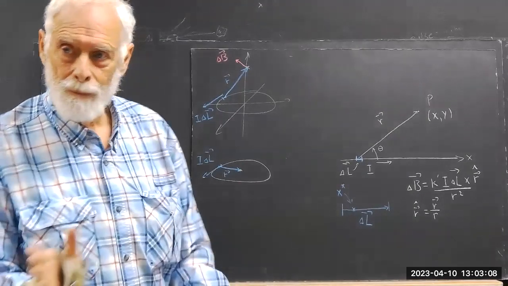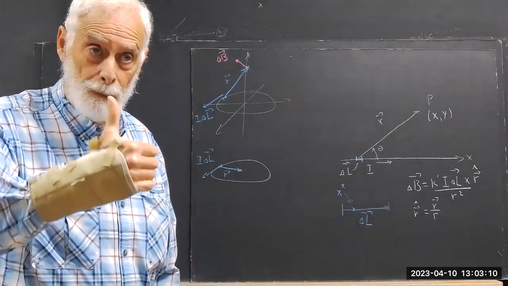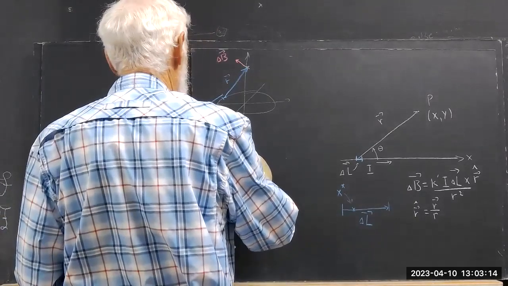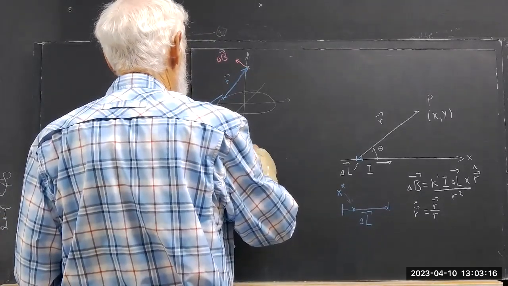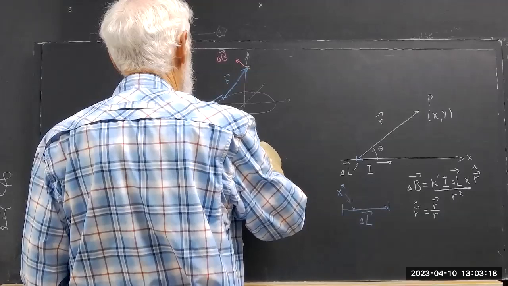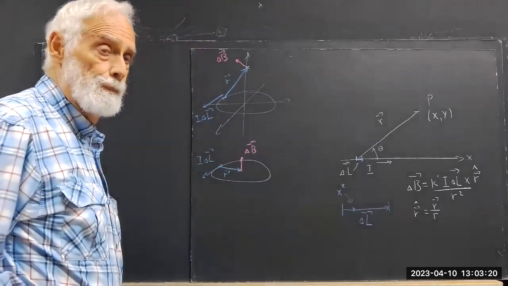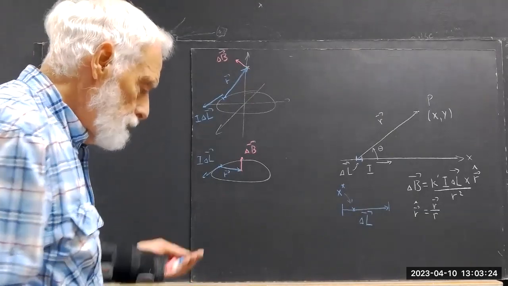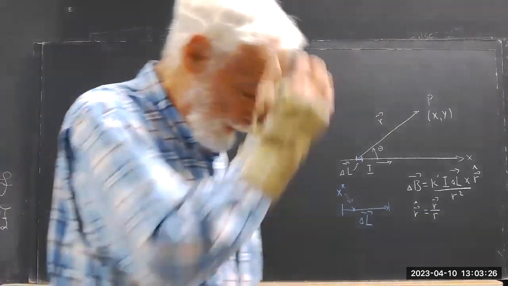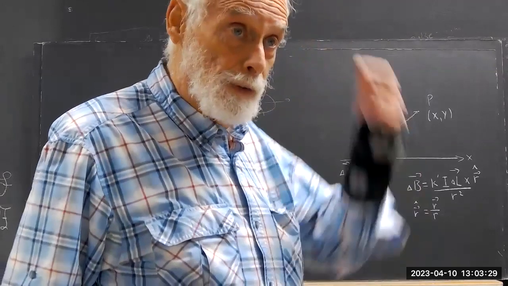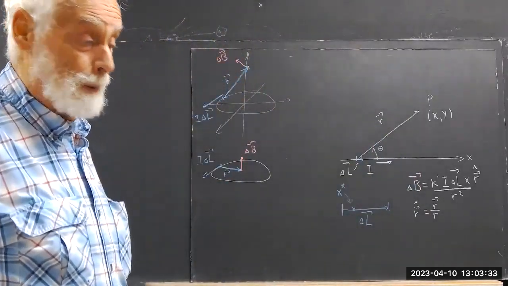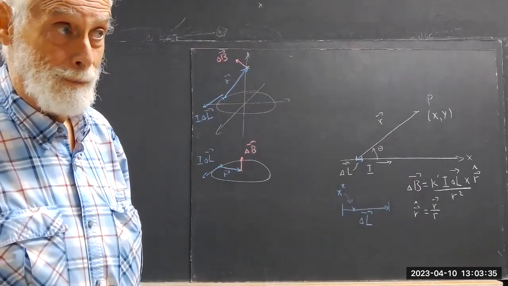So I delta L cross R, no. Here's your delta L. So there's a nice symmetry argument, very easy to make. It tells you what the total field is. But I'm going to do it more formally.